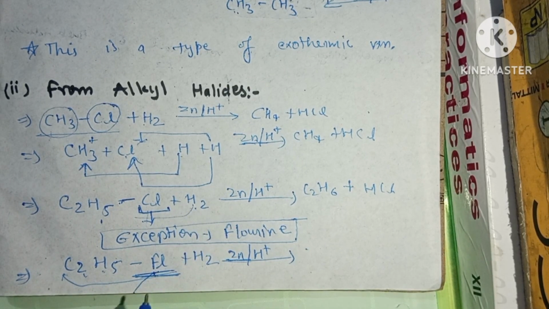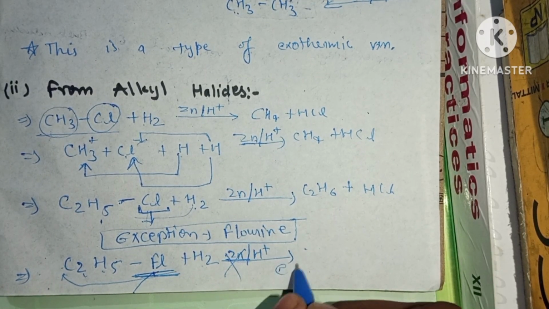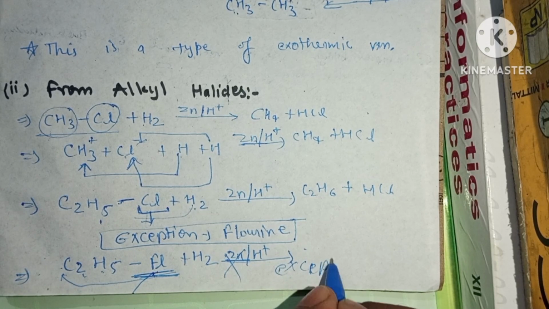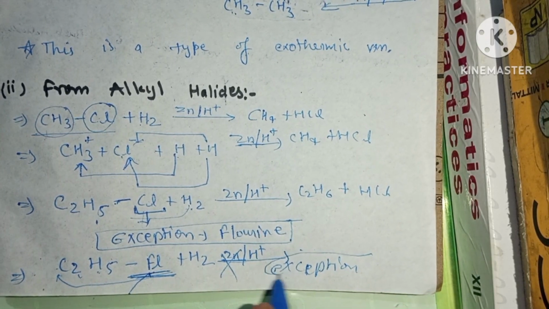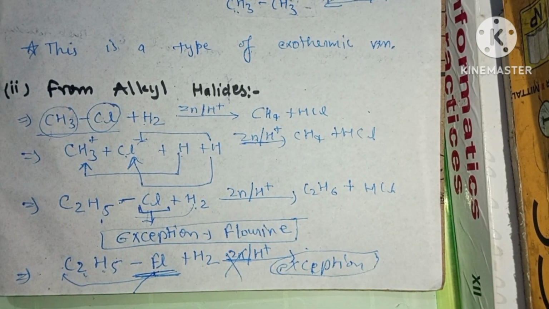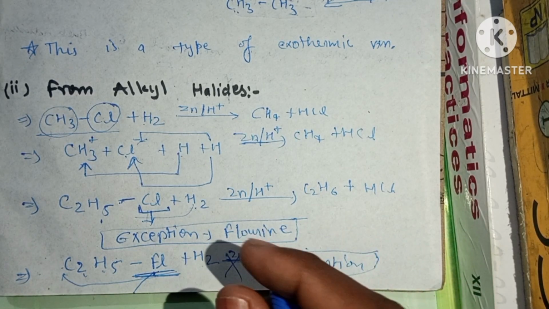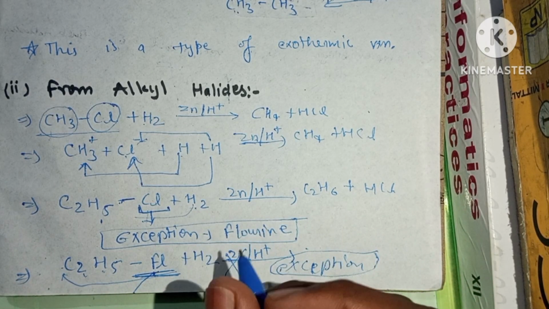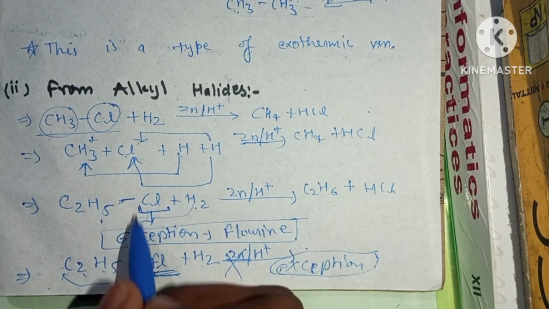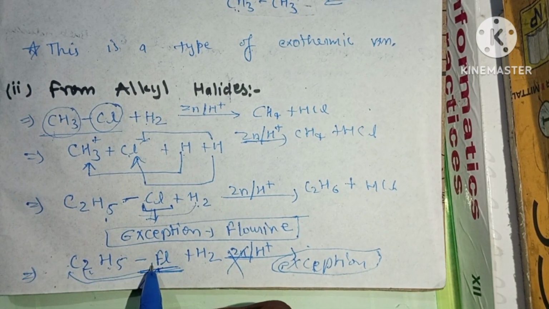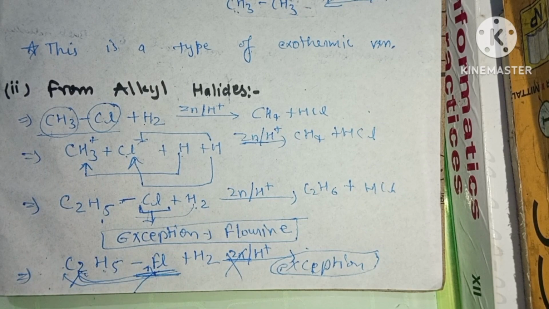So here double displacement does not occur, so this will not form any product. So this is the exception in the alkyl halides. Fluorine does not reduce to form alkanes. The reason is that the carbon fluorine bond is very strong, so it does not reduce.